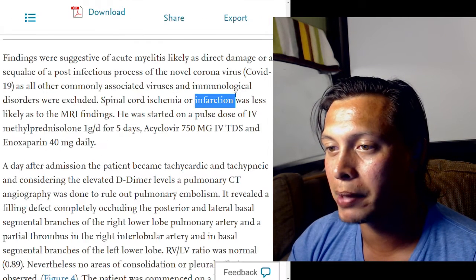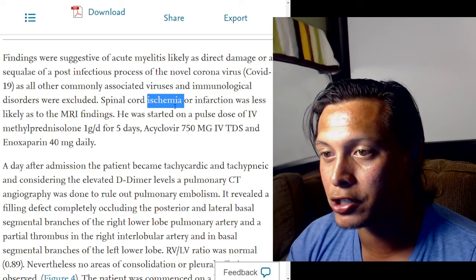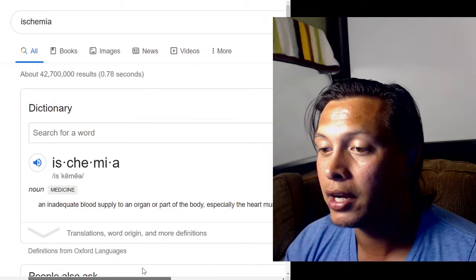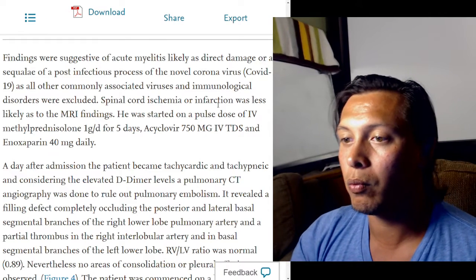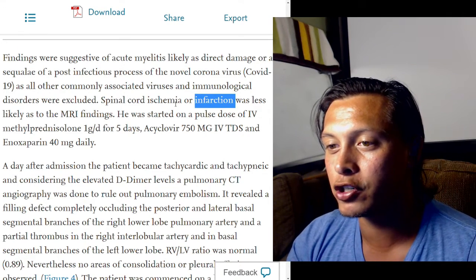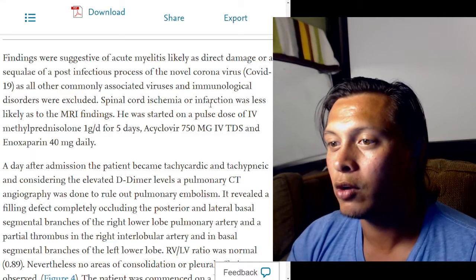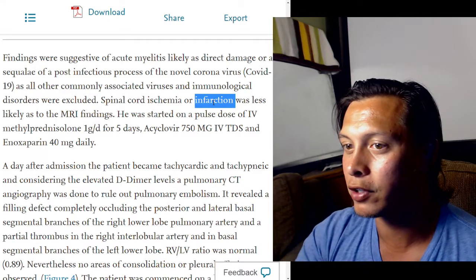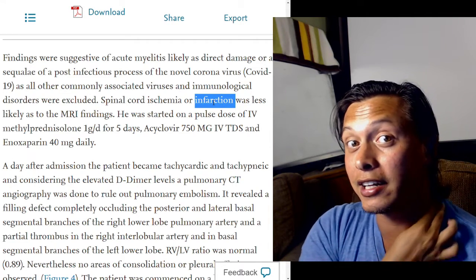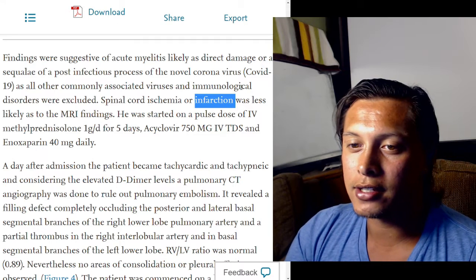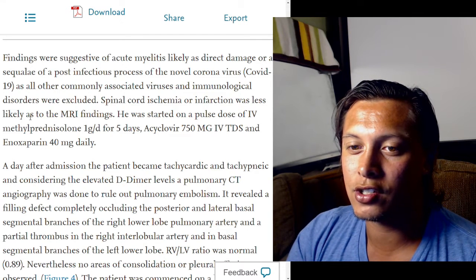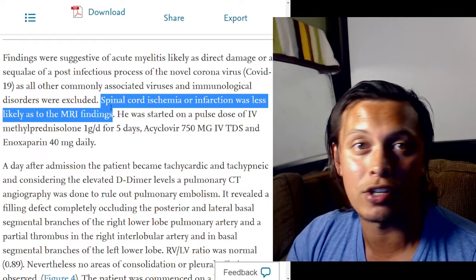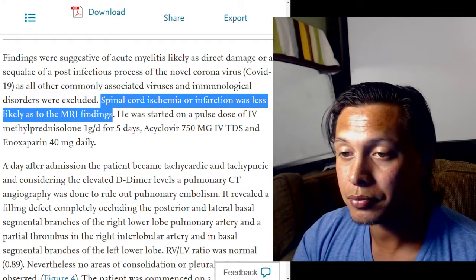So infarction would probably indicate a blood clot, but ischemia could mean any inadequate blood supply. So infarction would be a subset of ischemia, where this is caused by a blood clot. That's my understanding. If you're in the medical field, you can correct me kindly in the comments below. And this was less likely given the MRI findings.